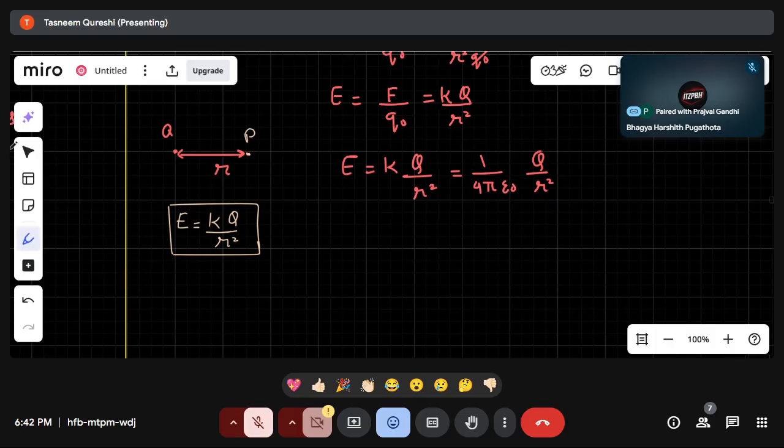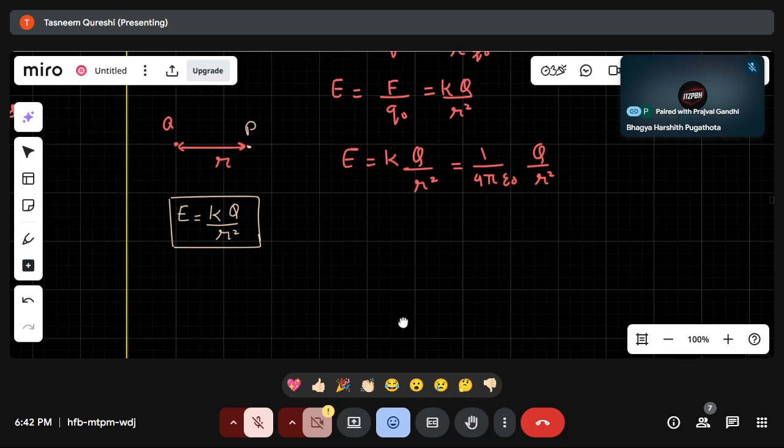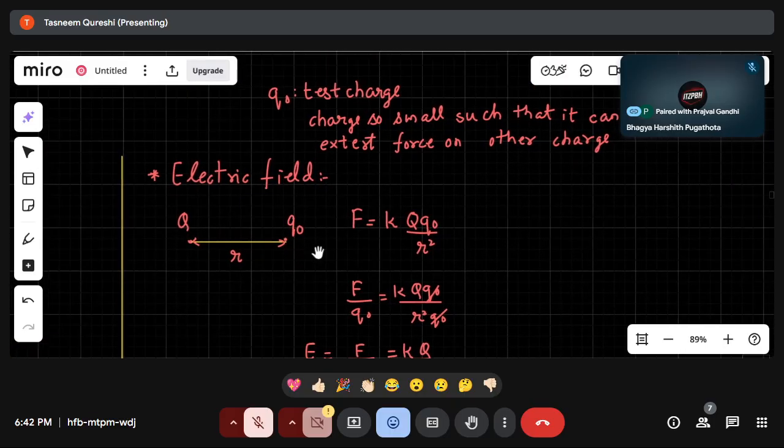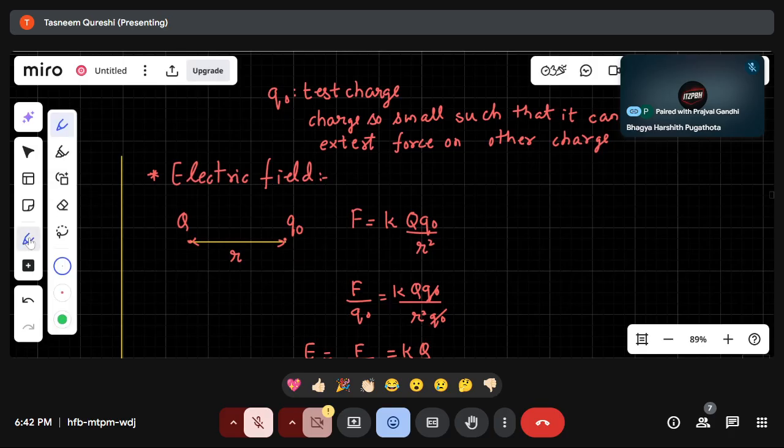So let me just write electric field due to a point charge, and let us just write the definition of electric field also. It is force experienced by a charge per unit test charge.